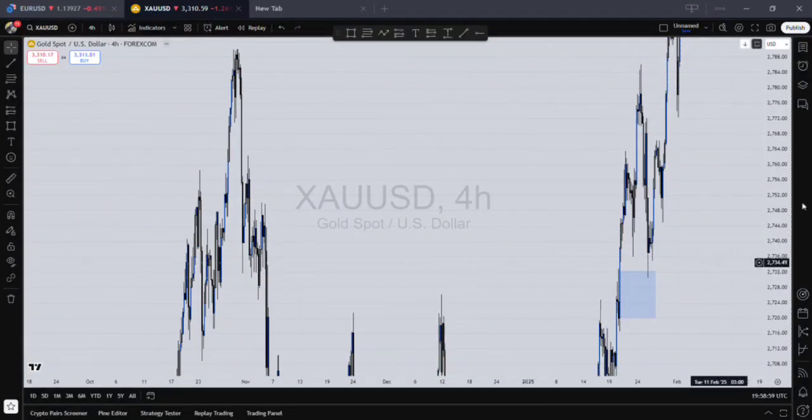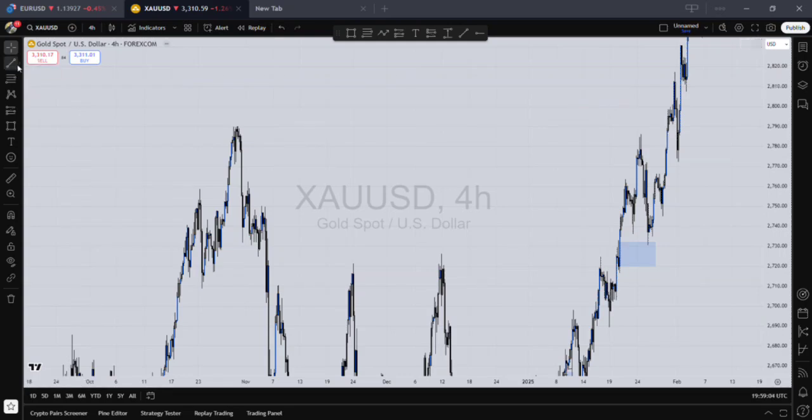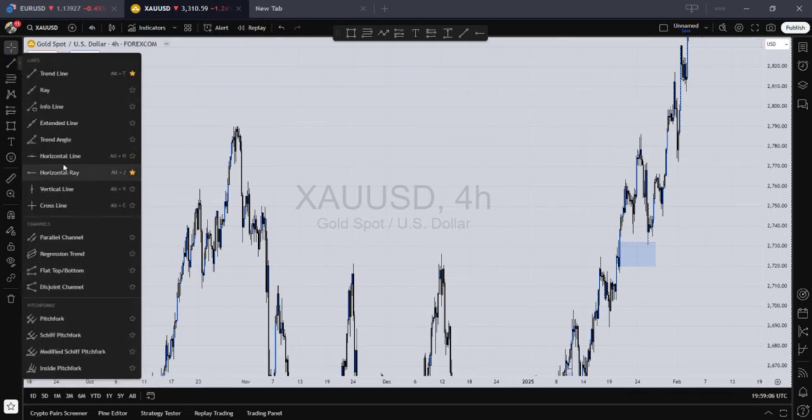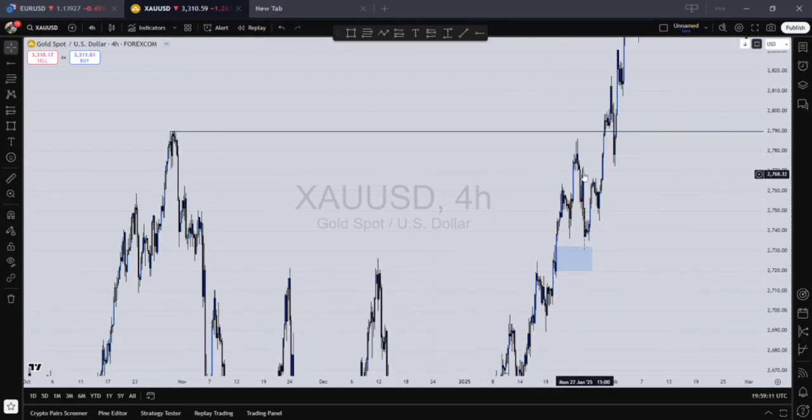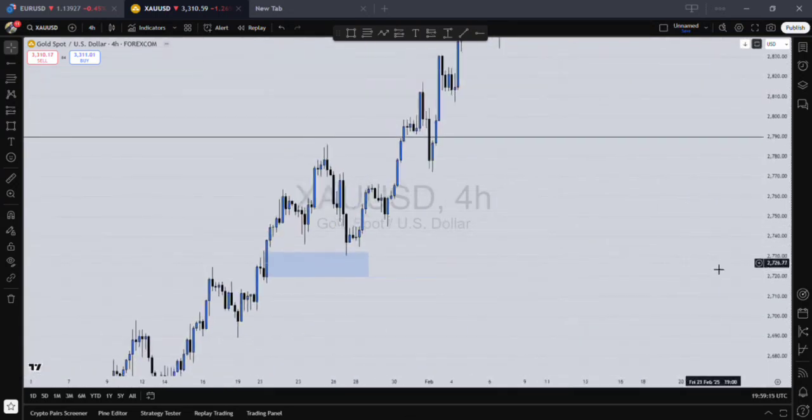In this case, it was a higher time frame target. Everybody was looking at this high. So you can see that the target was not really taken yet.